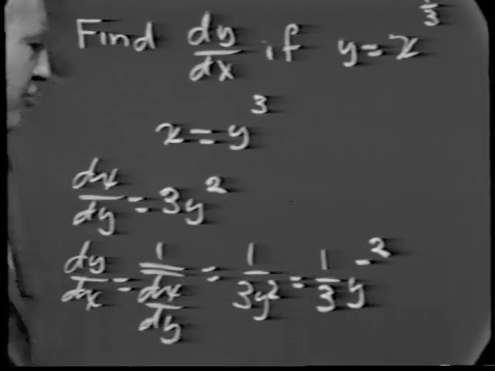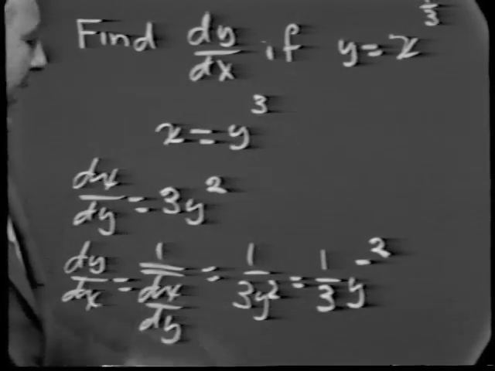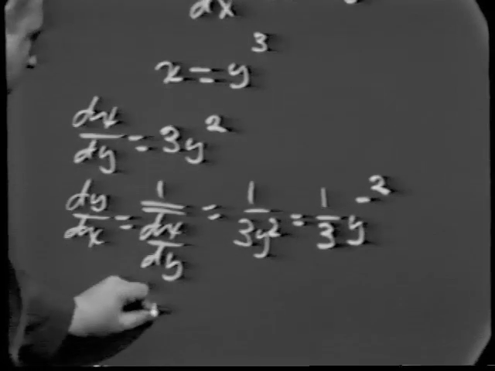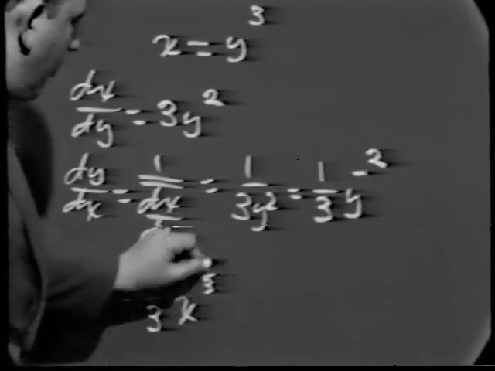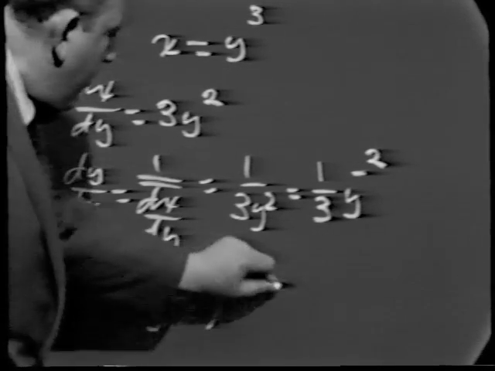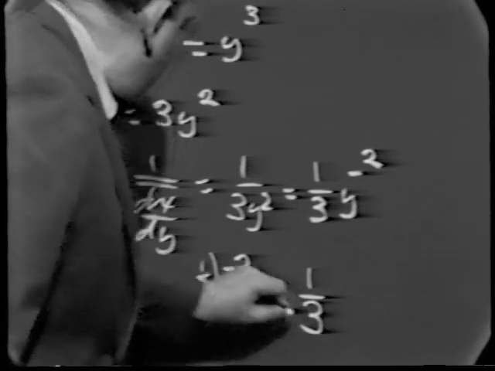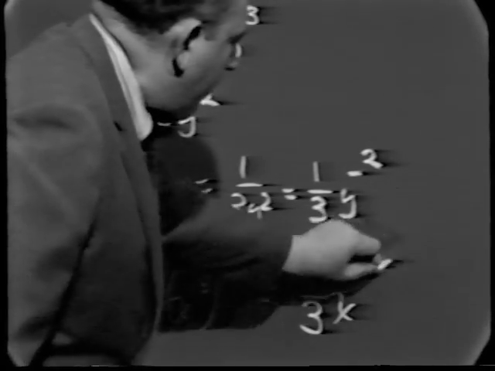If we now recall from above that y is equal to x to the 1/3, this can now be written as 1/3 x to the 1/3 to the minus 2. And we now arrive at an answer: dy dx is 1/3 x to the minus 2/3.